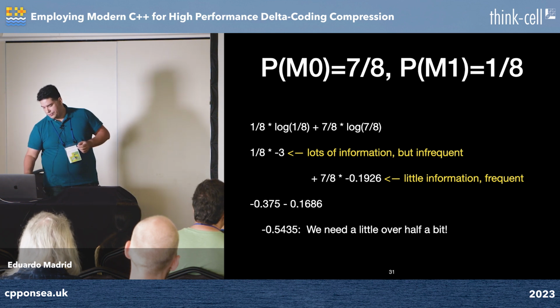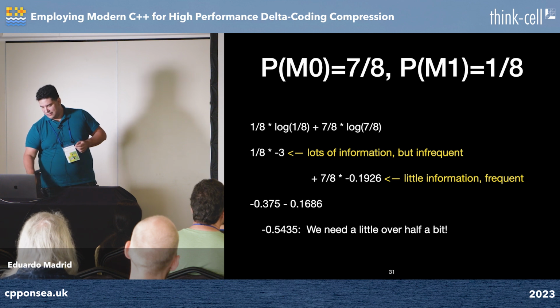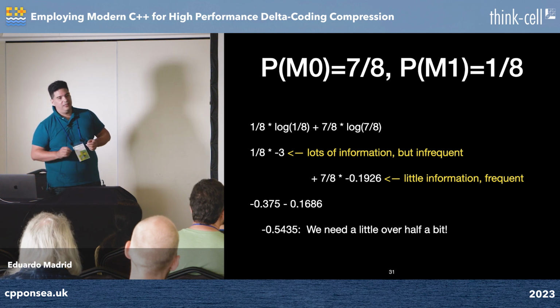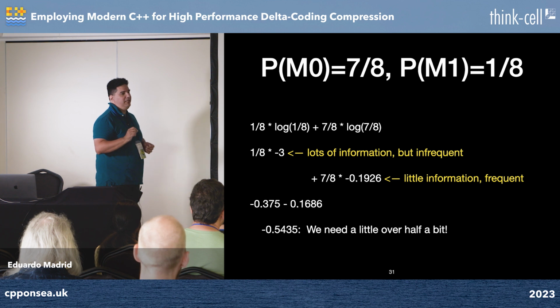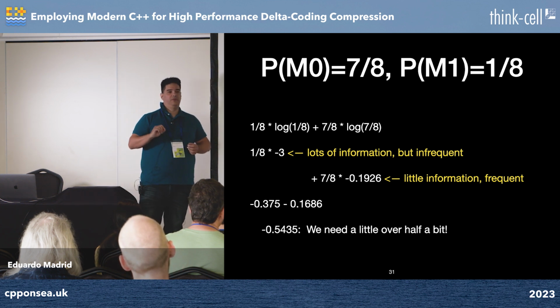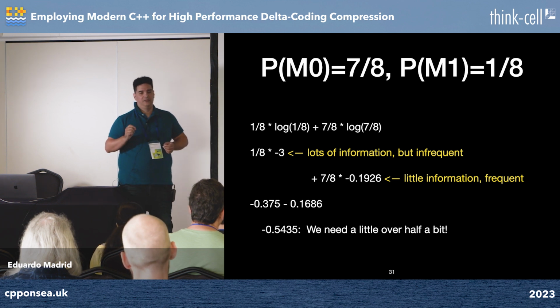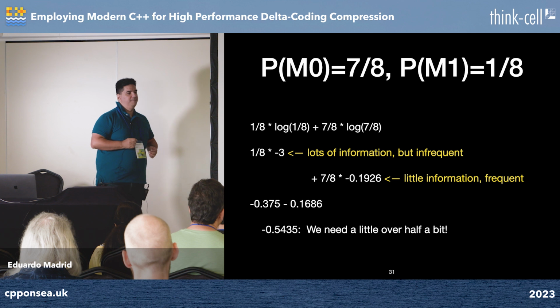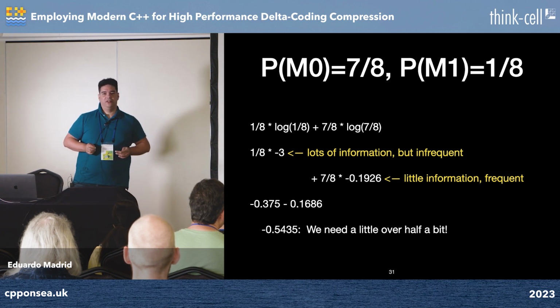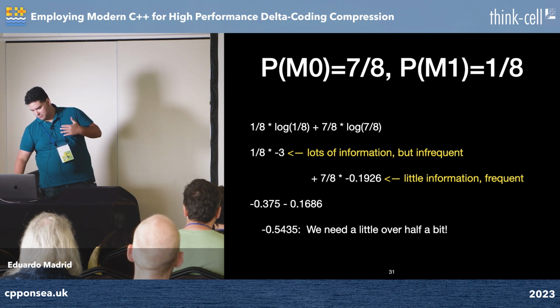So if we run the numbers, we're going to see that we need slightly over half a bit to represent the information that one message happened in the channel, statistically speaking, okay? That is what Shannon's entropy tells us. We need a little over half a bit.